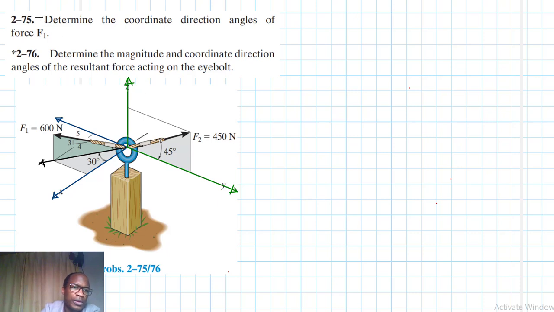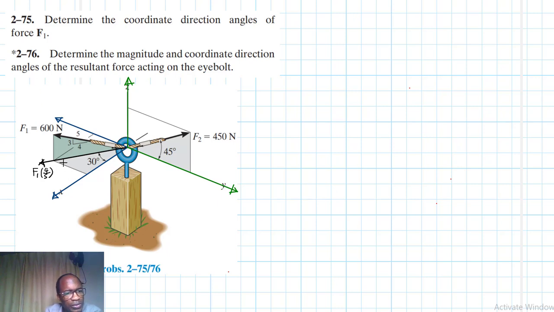Alright, so let's write down these particular forces. So this one is just going to be equal to F1 times the run, which is a 4, divided by the hypotenuse 5.